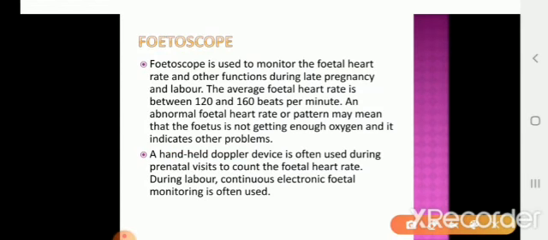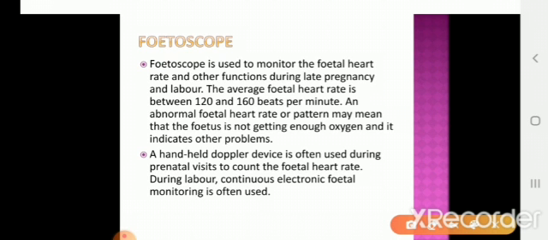Fetoscope. The fetoscope is the device that is used to monitor the fetal heart rate and the other functions during late pregnancy and labor. So the fetoscope will be inside the womb, and it will get a clear picture of the fetus, of exactly the heart rate and the function of the heart.